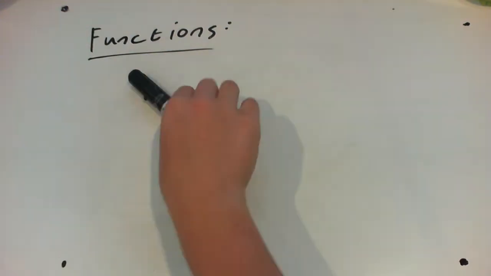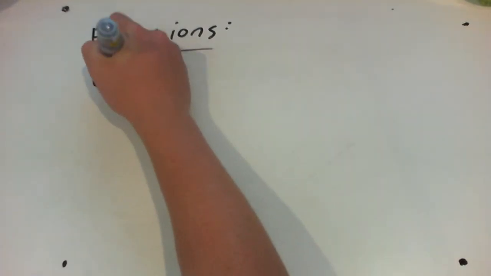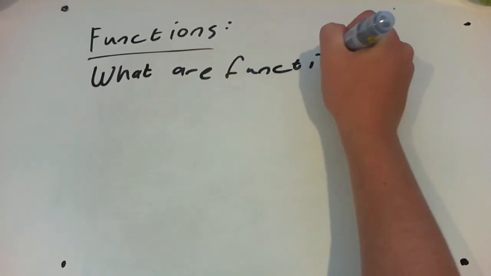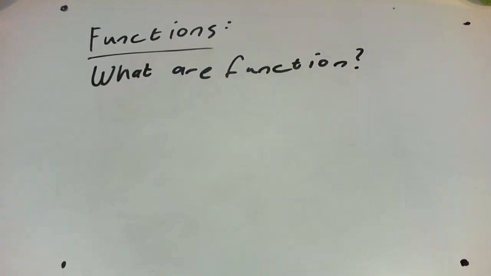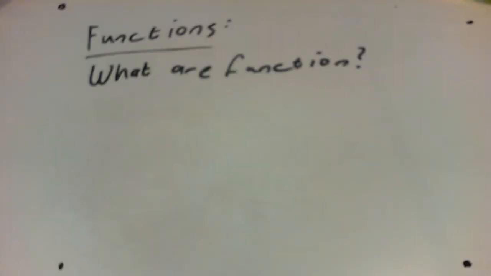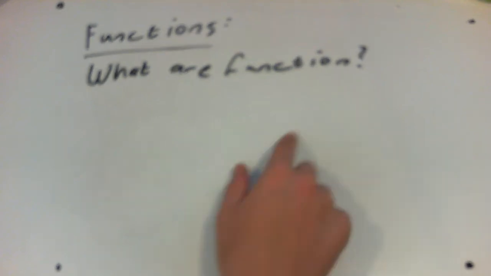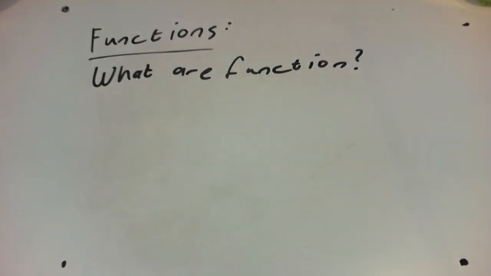That's the first question. Before we know what they do, before we know how they work, before we know why they work or why we use them, we need to know what they are.